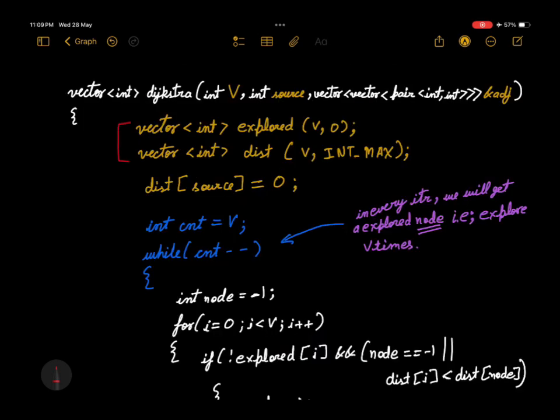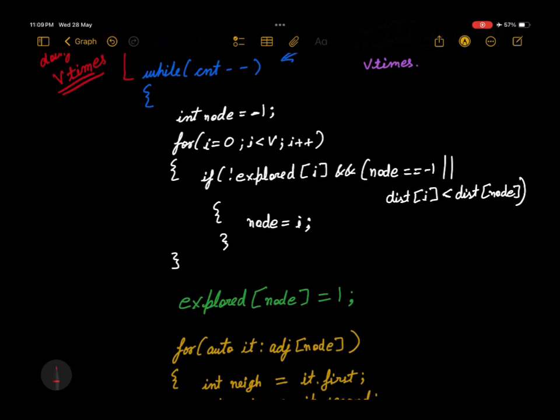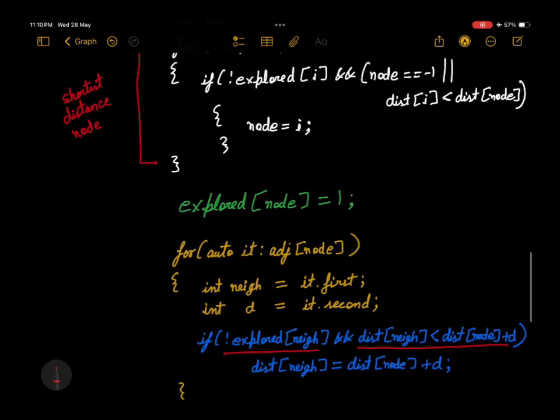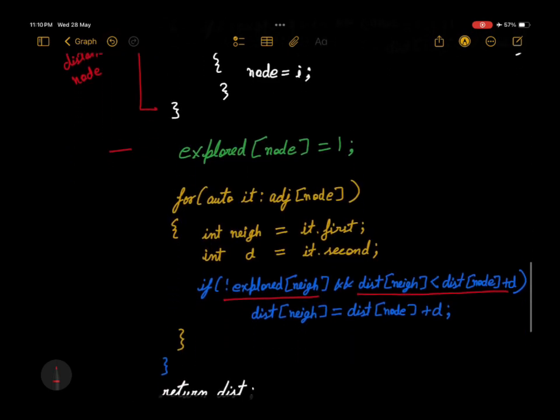Then we saw the code for it. We took our explored vector and distance vector, marked the distance of source node as 0, and we ran a while loop for the number of nodes. Then first we will calculate the node with the minimum distance, right? Shortest distance node, and we will mark it as explored.